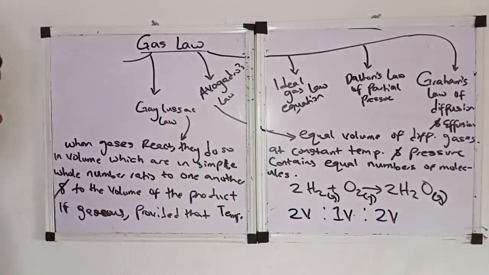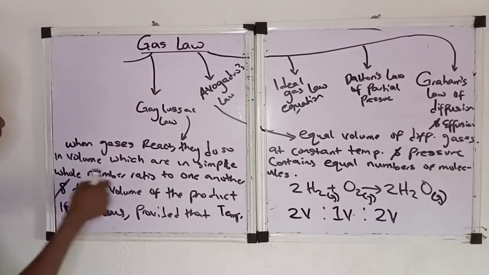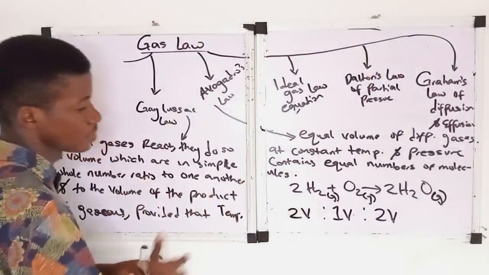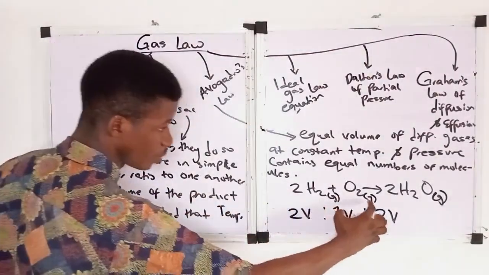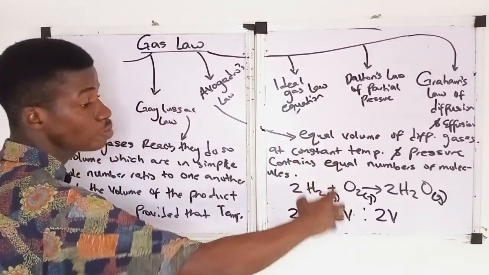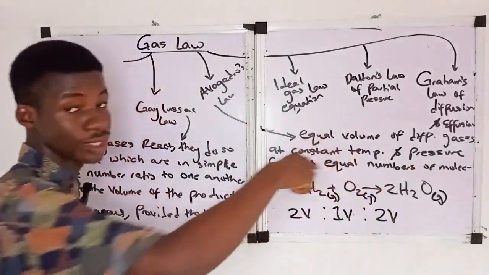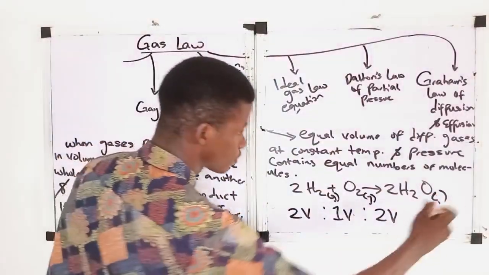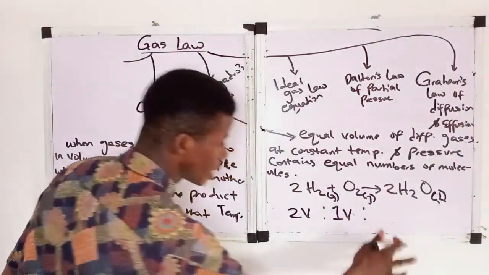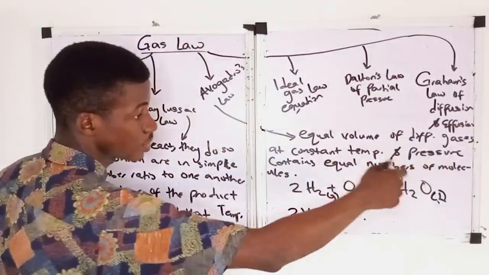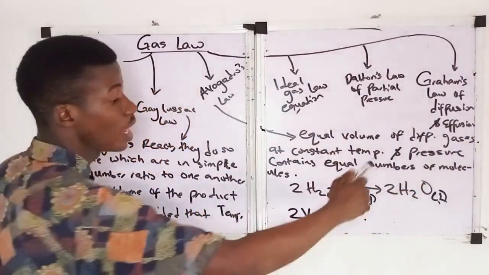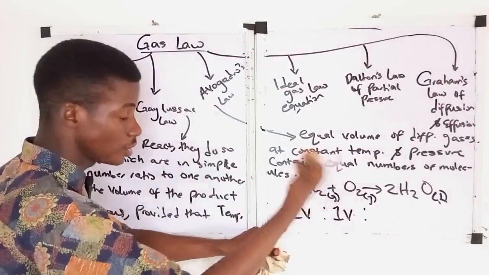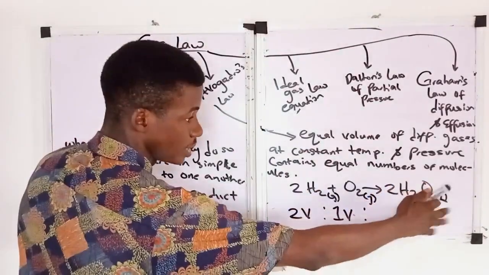Now look at this part. I said the volumes are in whole number ratio to one another and to the volume of the product if the product is a gas. If the product is not a gas, for example if it is a liquid, it will just be 2:1, because the ratio of the volumes of the reactants will not be in ratio with the product.